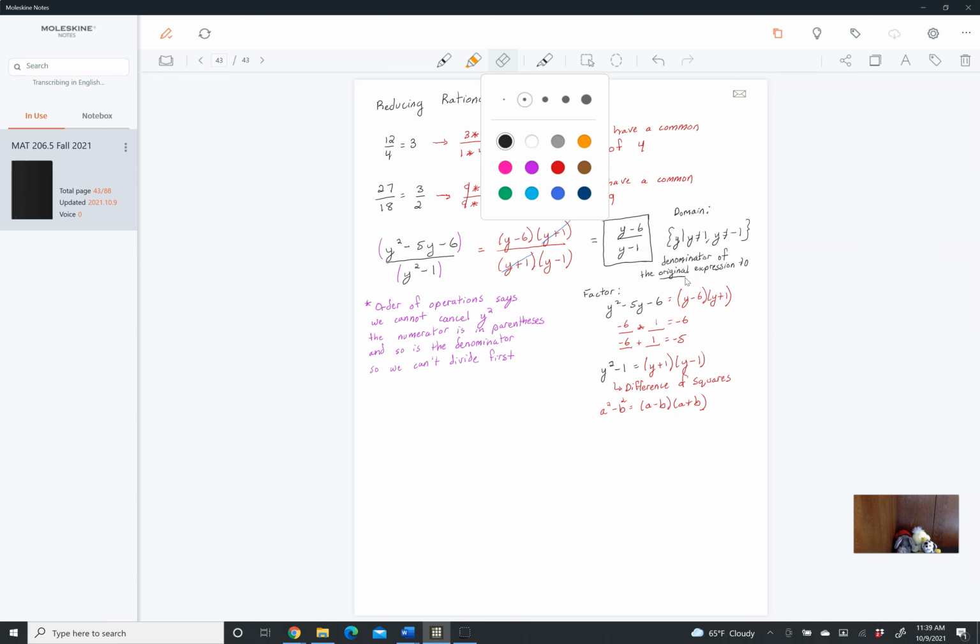Okay, so what does this mean? It means that reducing is a two-step process. The first thing that you're going to do is you're going to factor the numerator and the denominator.